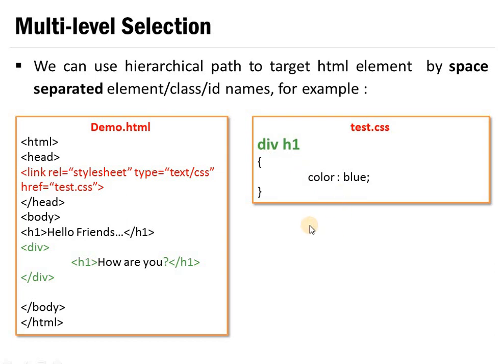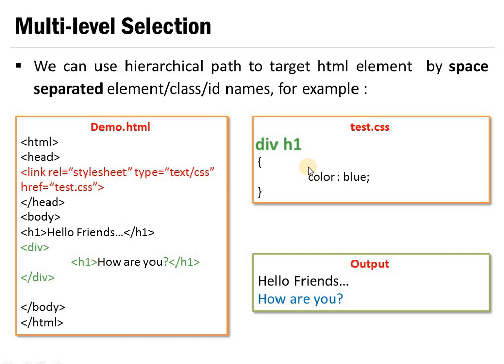From the example you can see how you can apply multi-level selection. If you see this output, you can get the idea. Over here this is our h1 tag, but it is outside the div tag, so it will get its default style. Now this h1 belongs to the div tag.